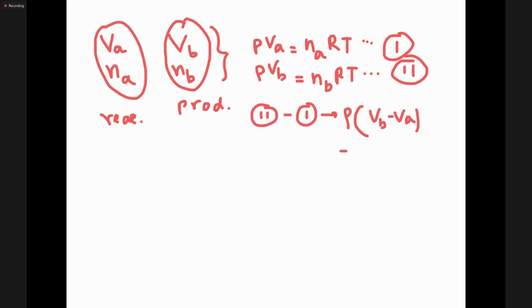On the right hand side, we will have Nb minus Na, and for an isothermal process, since RT will be constant, it will be taken out. So if we substitute Vb minus Va by delta V and Nb minus Na as delta Ng, we will have the equation P delta V.